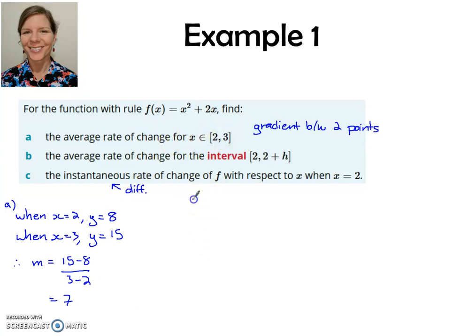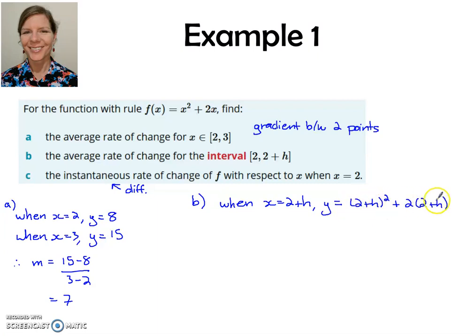Now let's have a look at doing this from first principles. So what we've got is the same sort of thing. We know the first point is this one, but the second point is when x equals 2 plus h, y equals, and now we're substituting into anytime we see x, we're putting (2 plus h) squared plus 2 outside (2 plus h).